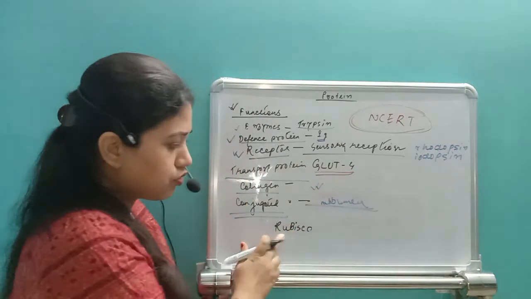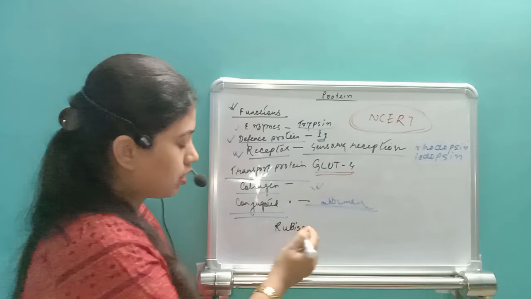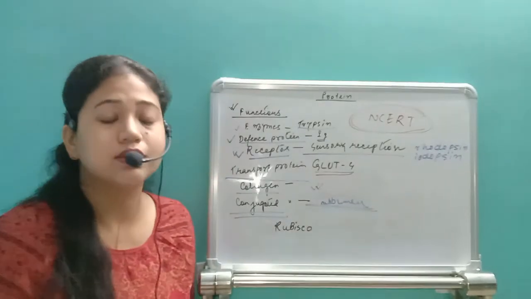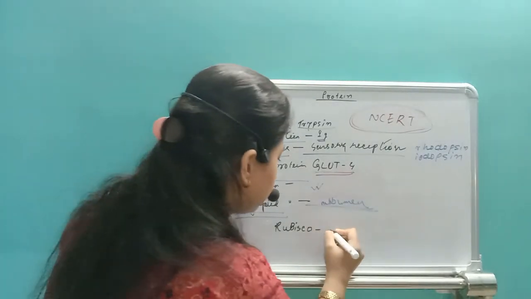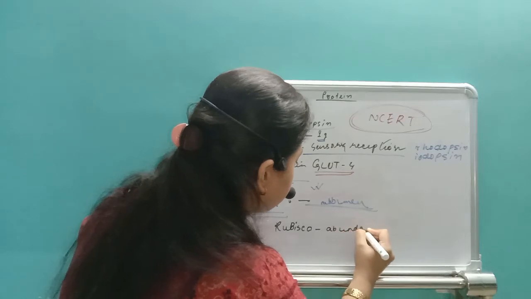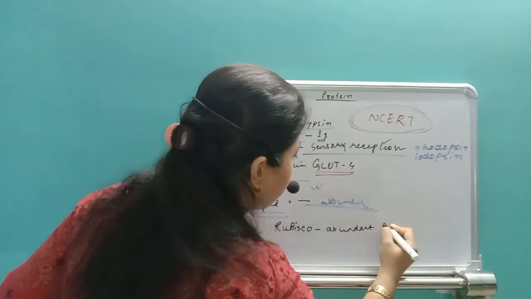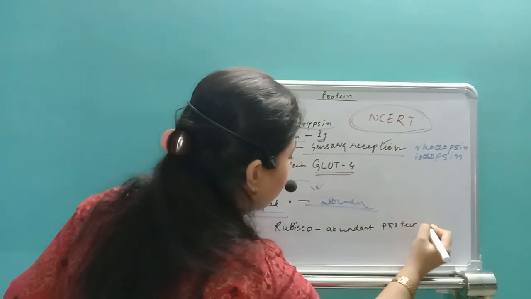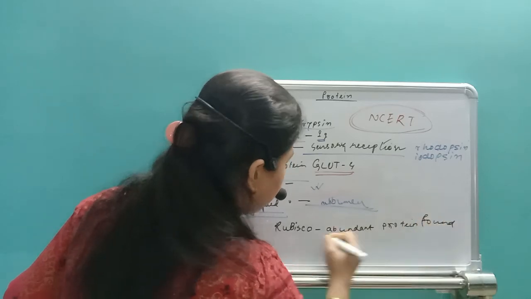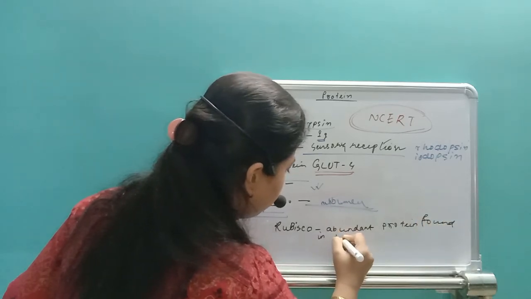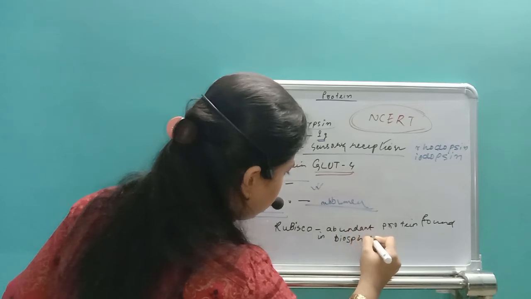Rubisco, ribulose bisphosphate carboxylase oxygenase. This is the abundant protein found in the biosphere.